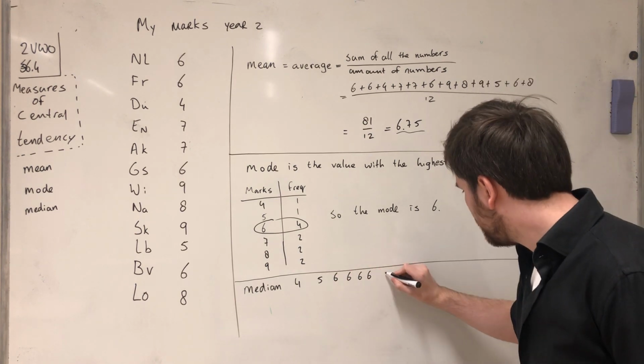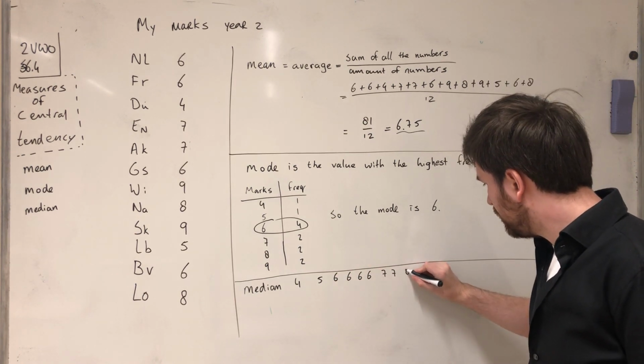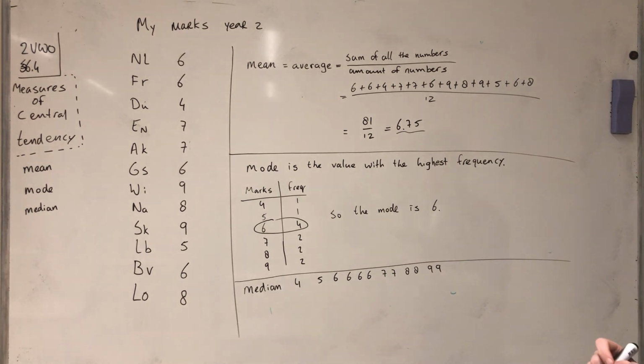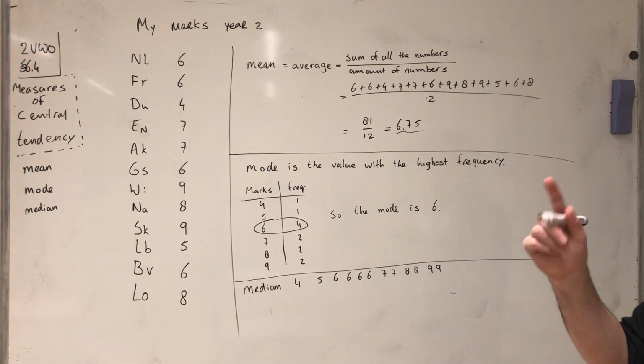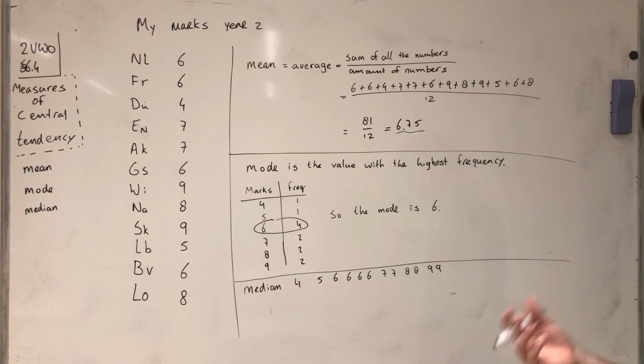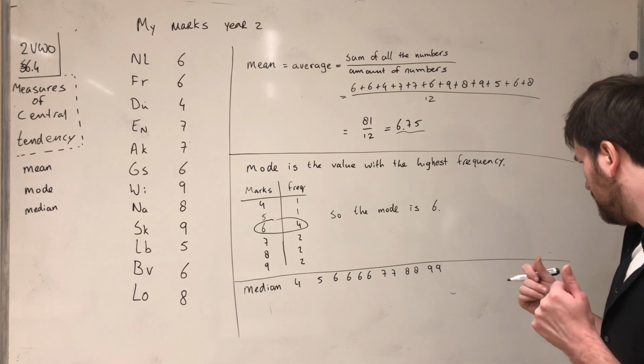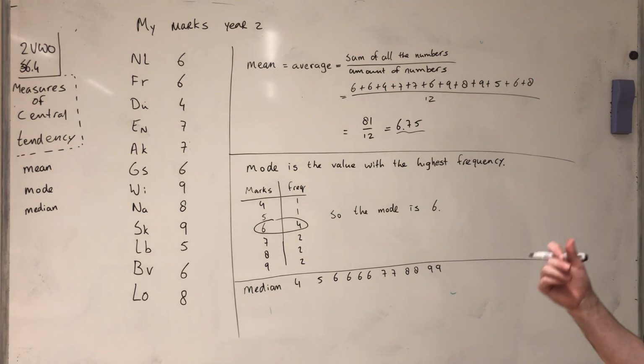And there are 2 7s, 2 8s, and 2 9s. And the median is the number in the middle, but the thing is, I have 12 numbers. So which number is in the middle? Is it like the 6th one or the 7th one?